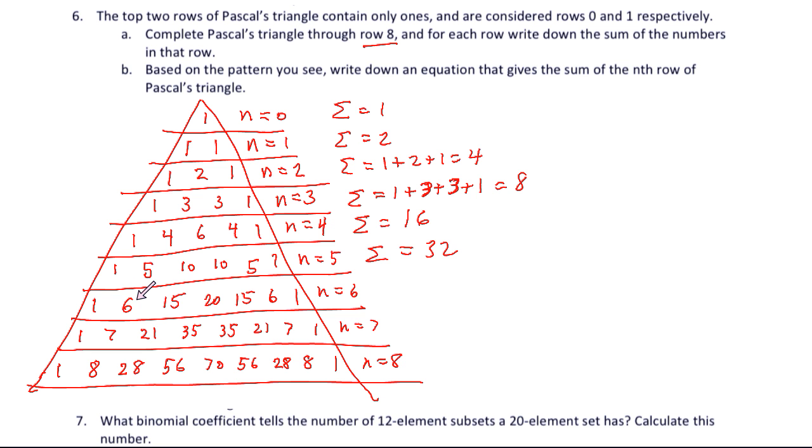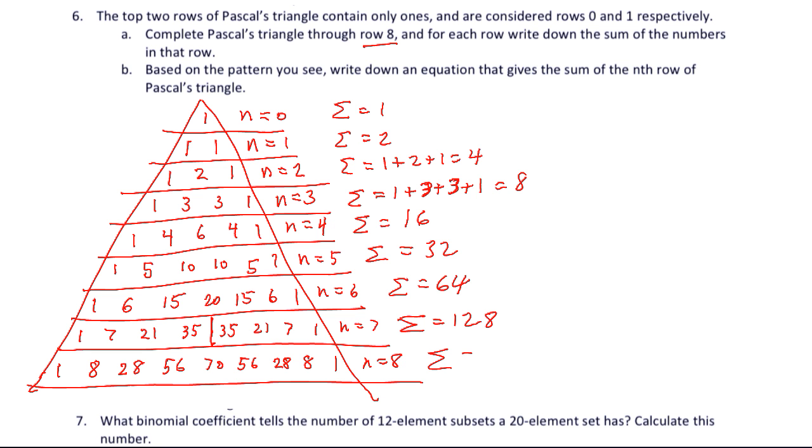1 plus 6 is 7, plus 15 is 22, plus 20 is 42, 57, 63, 64, and so on. 1 plus 7 is 8, plus 21 is 29, plus 35 is 64, and we double that, and we get a sum of 128.